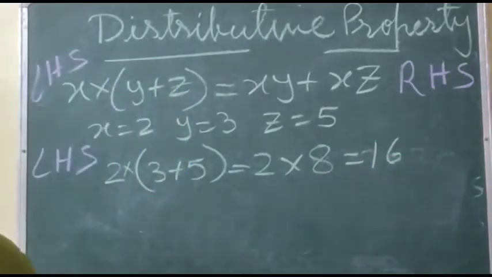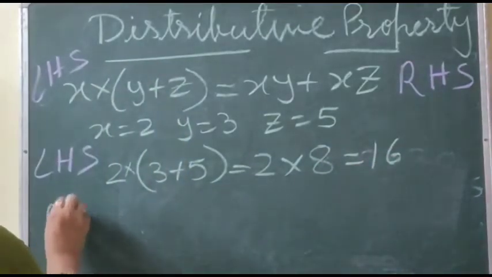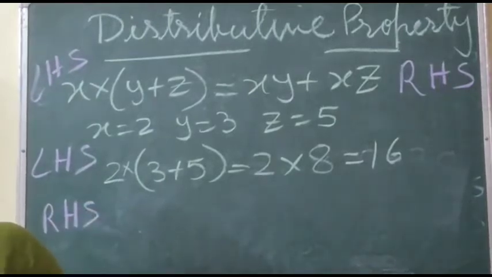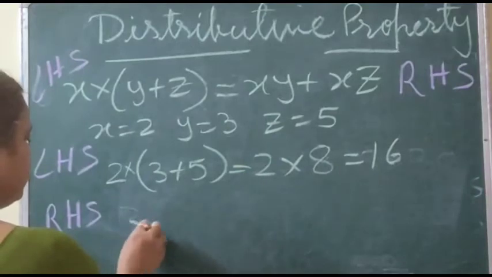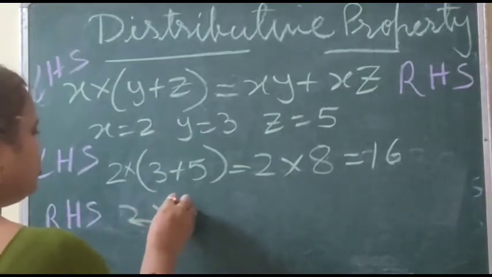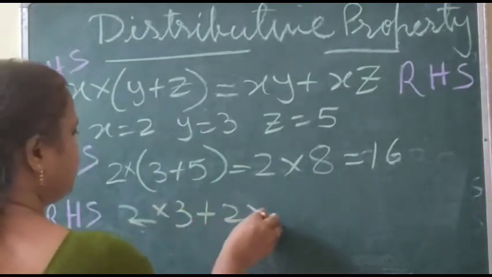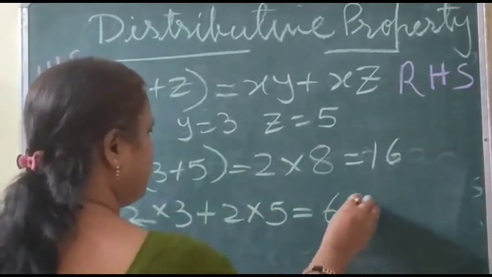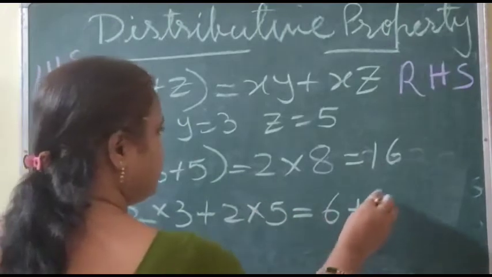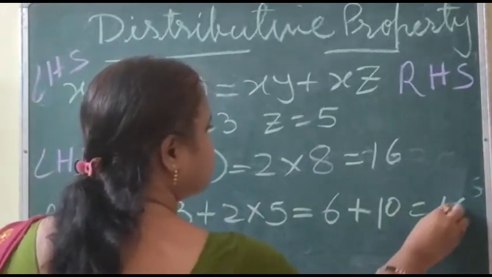Now let's see whether we get the same answer on the RHS. xy means 2 into 3, plus 2 into 5. So 2 into 3 is 6, plus 2 into 5 is 10, and this is equal to 16.